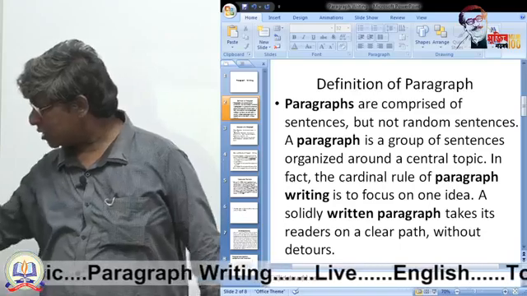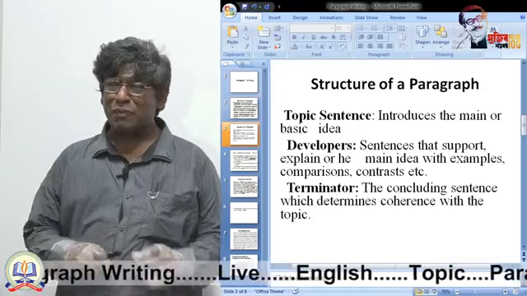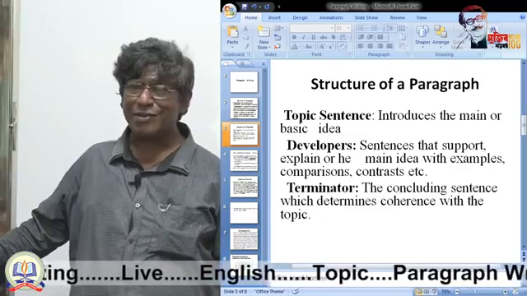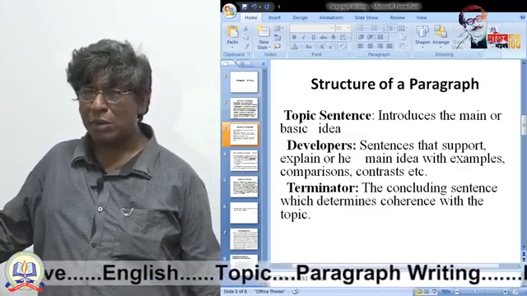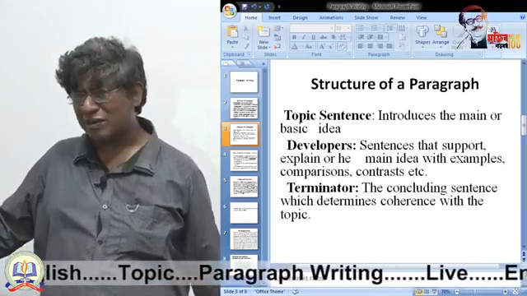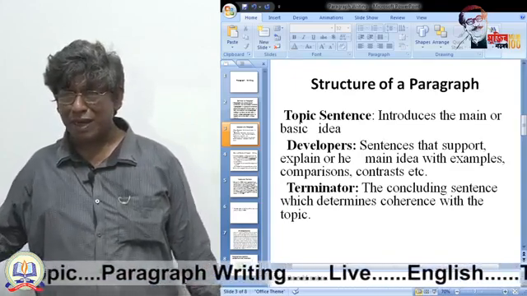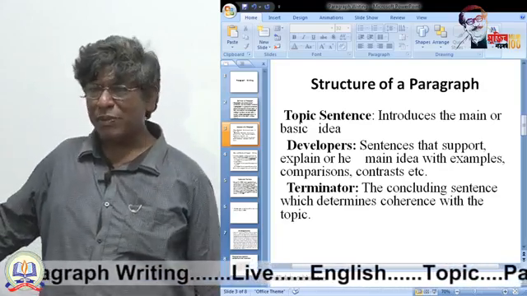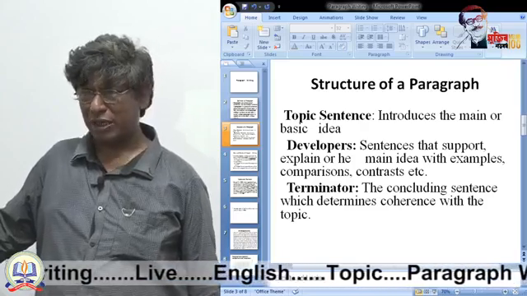What should be the structure of a paragraph? A good paragraph, a model paragraph, has some particular parts within its body. That is, a paragraph begins with a topic sentence. The topic sentence may be extended into a second one to explain the first one.